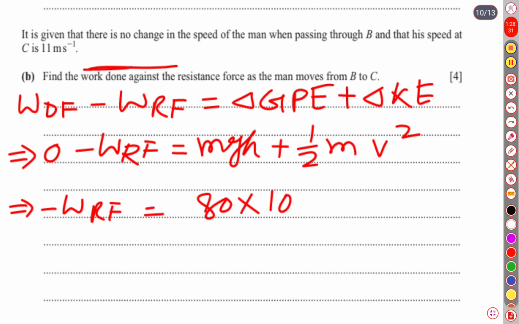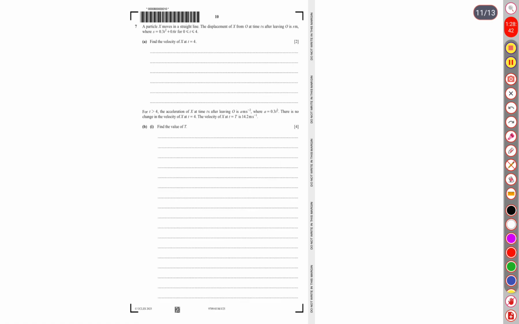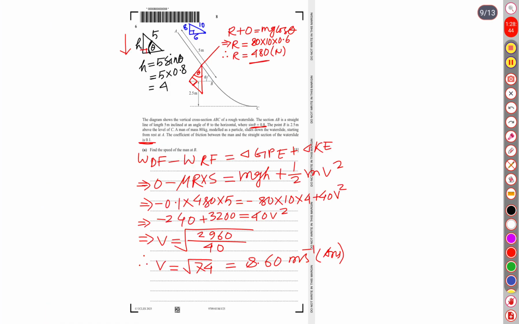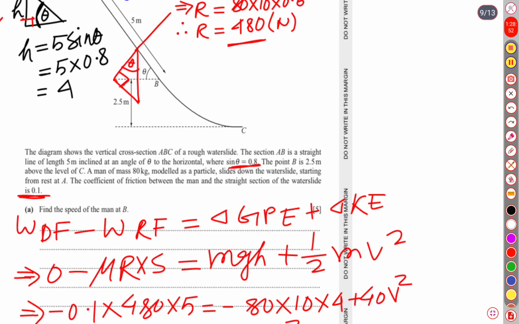Now h, look at this, how much is the h? We are talking about the lower part. Okay, so we are talking about this part.